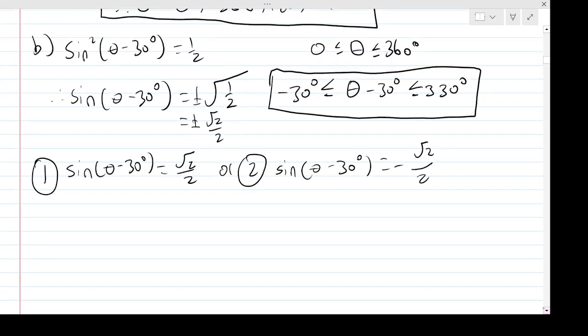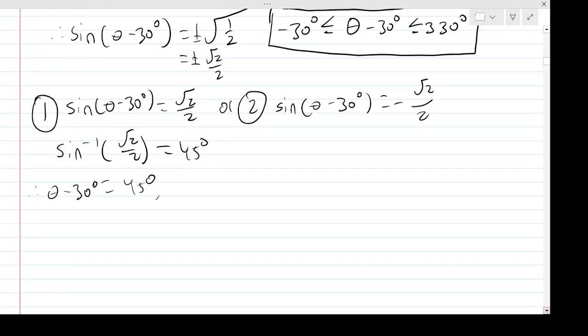So let's solve then. Firstly, let's work with this one. If we do inverse sine of root 2 over 2, we would get 45 degrees. That means our angle, theta minus 30, could be 45. Then to get the next solution, we can consider the sine graph. So again, we have, say, 360, and our first solution was 45.